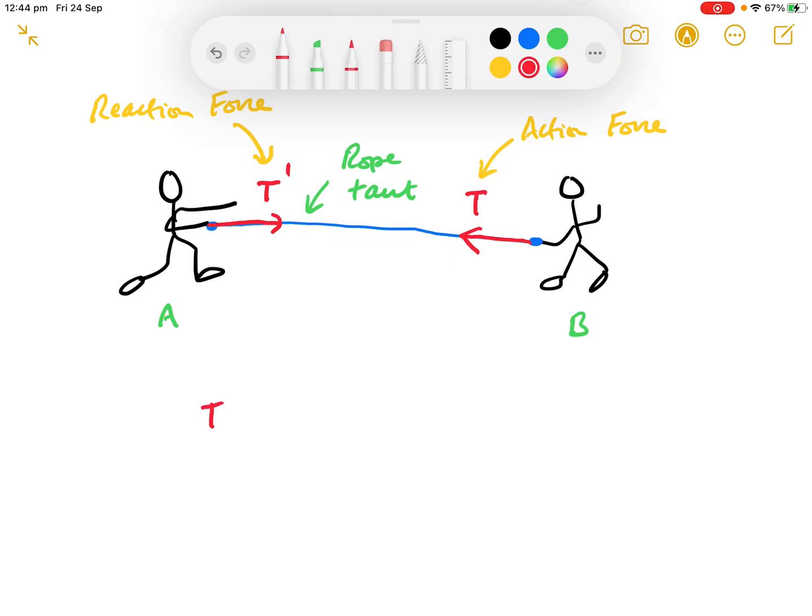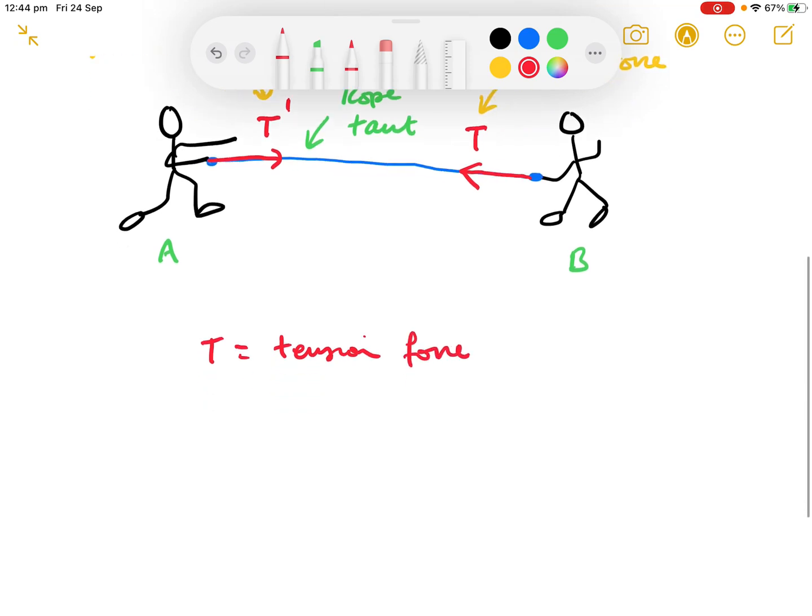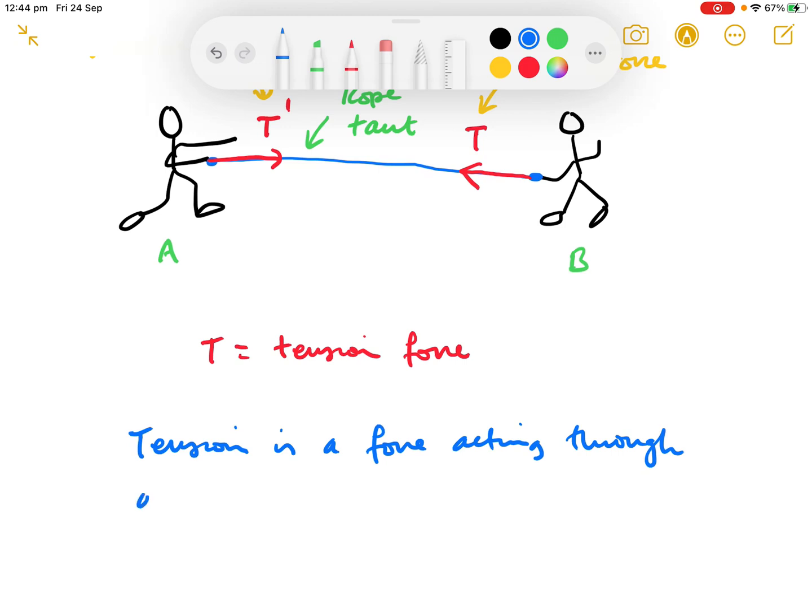So T equals tension force, and basically tension is simply a force acting through a string, rope, wire, or a metal bar.